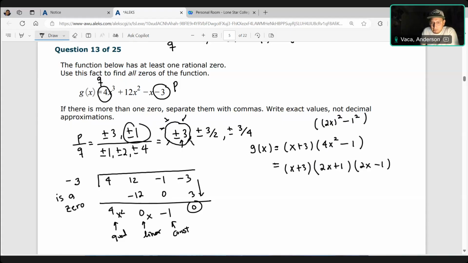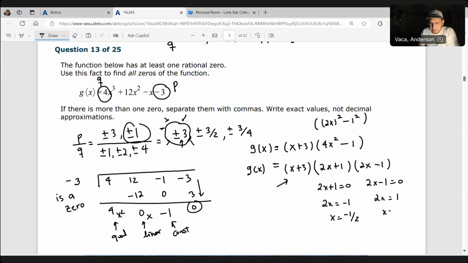Well, we already know that -3 is a 0. Now 2x plus 1 equals 0, 2x is equal to -1, so x is -1/2. Now we're finding that -1/2 is another 0, and that 2x equals 1, x is equal to 1/2, is the other 0.